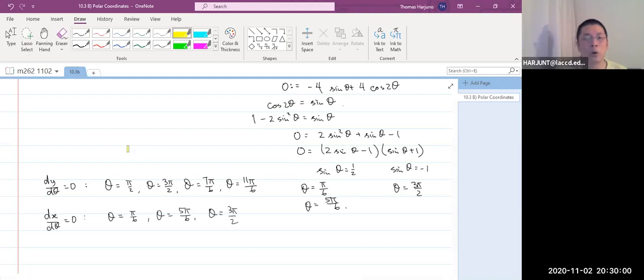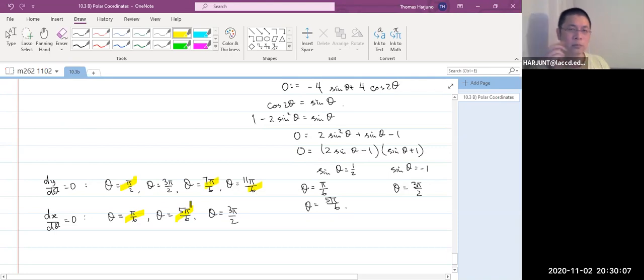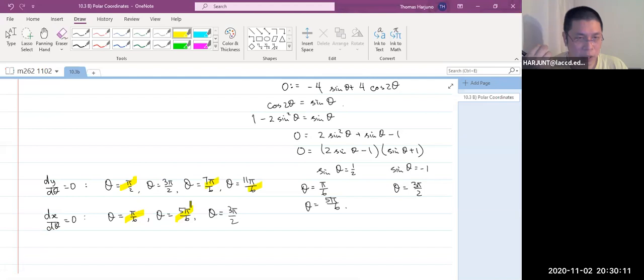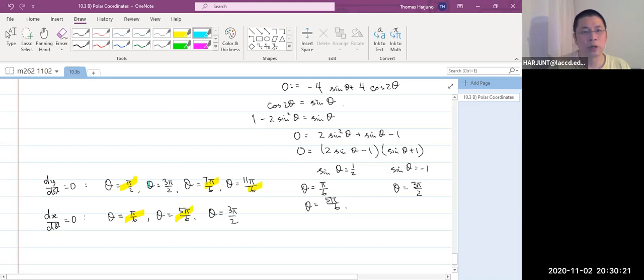So we are okay on these. When dy d theta is 0, the dx d theta is not. When dx d theta equals 0, the dy d theta is not. We have an issue here.